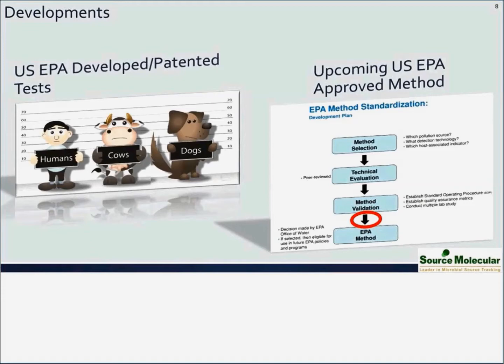The final step is for a decision to be made by the EPA Office of Water to approve this method, and then that will enable the EPA to start using source tracking for EPA policies and programs. So this is going to make a huge impact on how source tracking is used in the very near future.